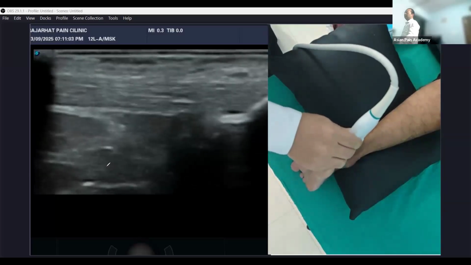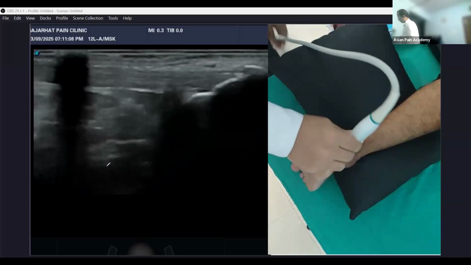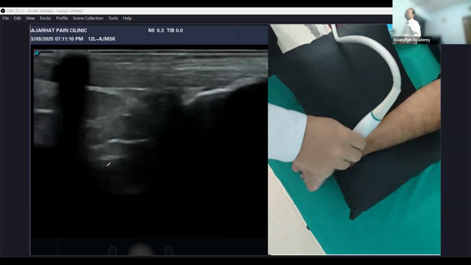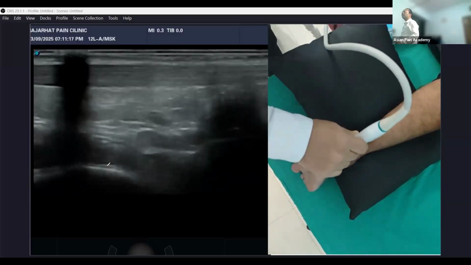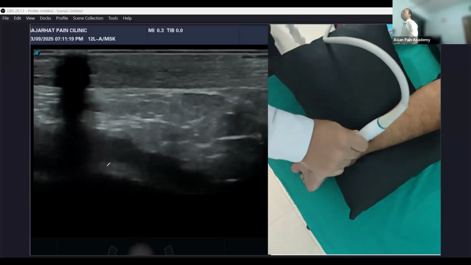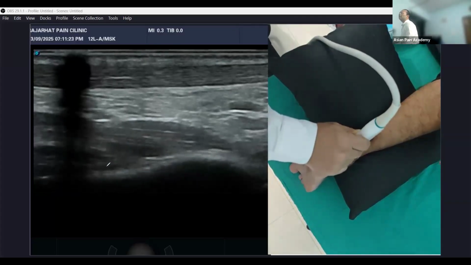I will increase the depth a bit. So I'm going proximal.